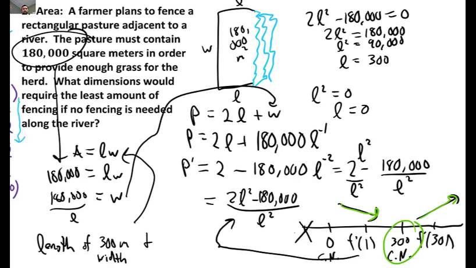If the length was 300, then we would want the width to be, I guess I'll plug it in here, the width would be 180,000 divided by 300, which would be 600.